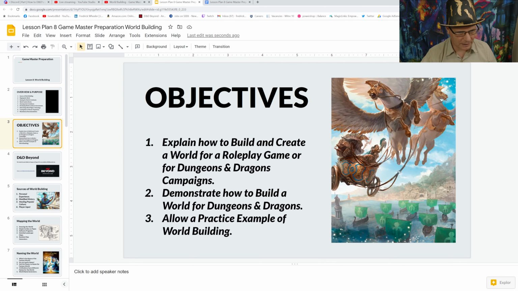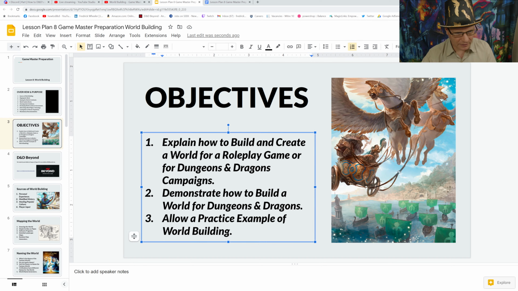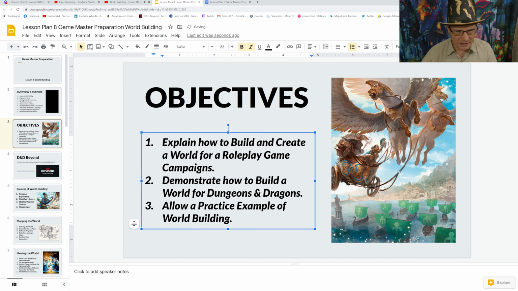So our overview here. Explain how to build and create a world for a role-playing game or D&D. No, we're just going to take that out and just put a role-playing game campaign. We don't need to have the word D&D in there. I'm still playing Dungeons & Dragons, people, so don't think that. I'm just going to refer to D&D as more fantasy role-playing because that's really what it is.